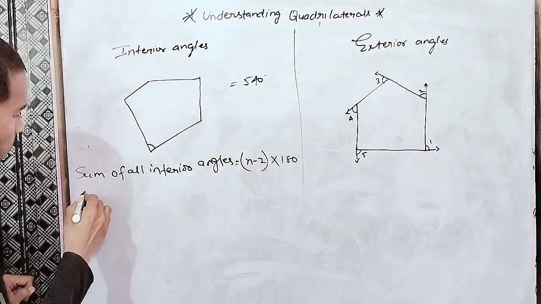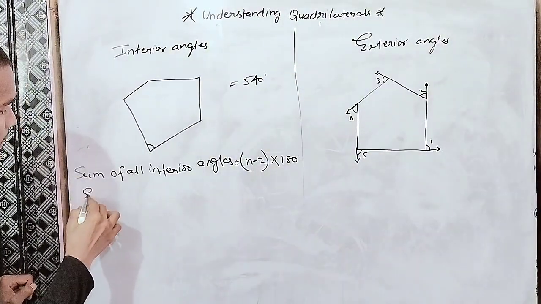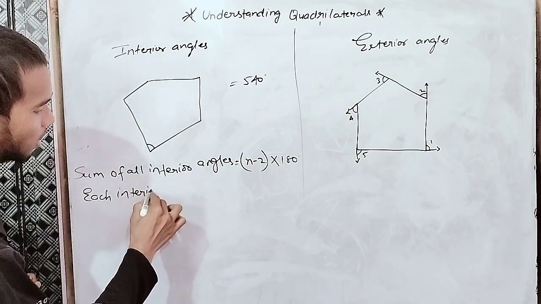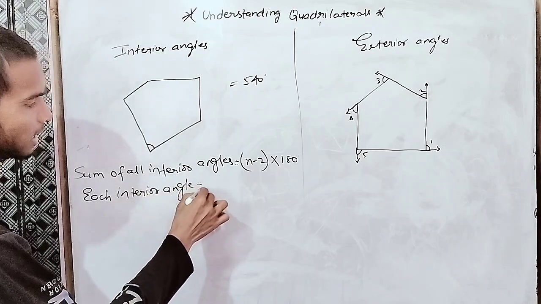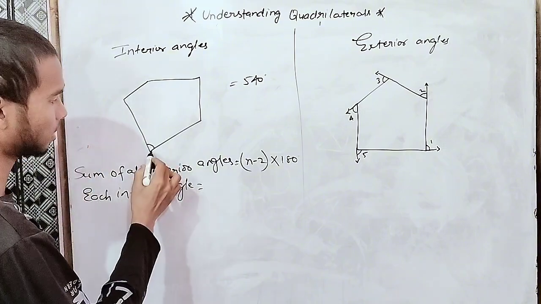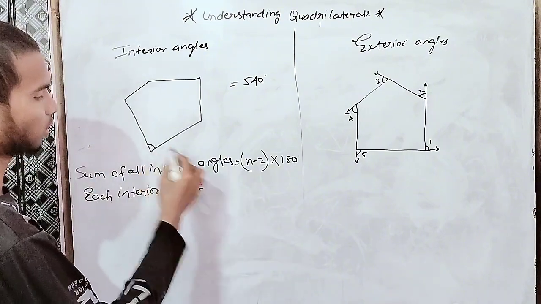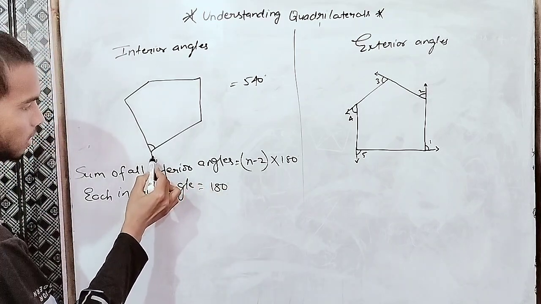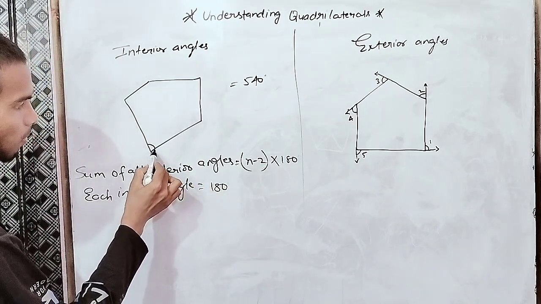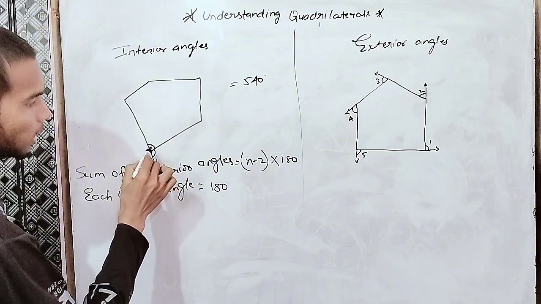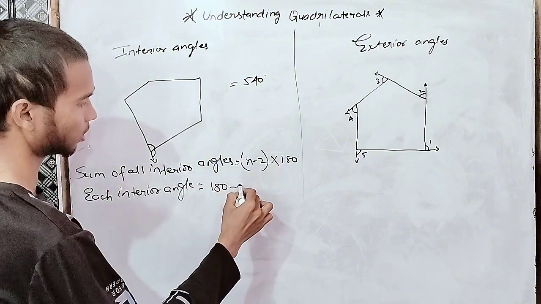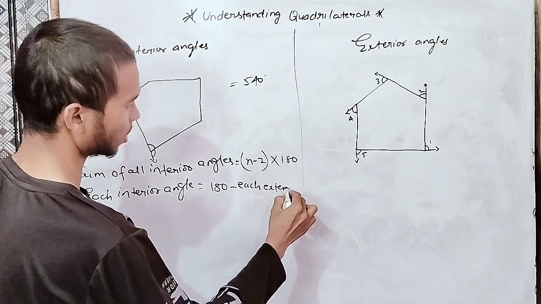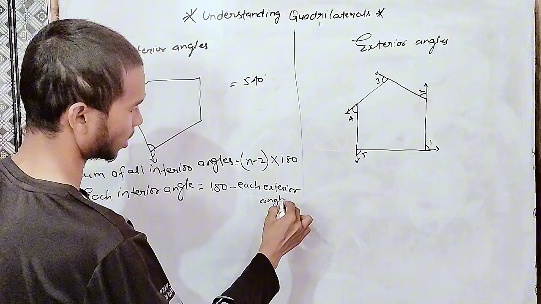Okay. Now, each interior angle. To find each interior angle, for example this, we will subtract the measure of this angle from 180 degrees. Each exterior angle.